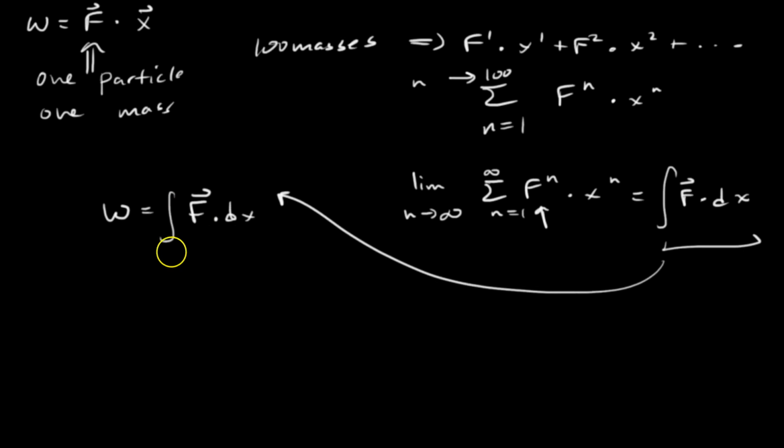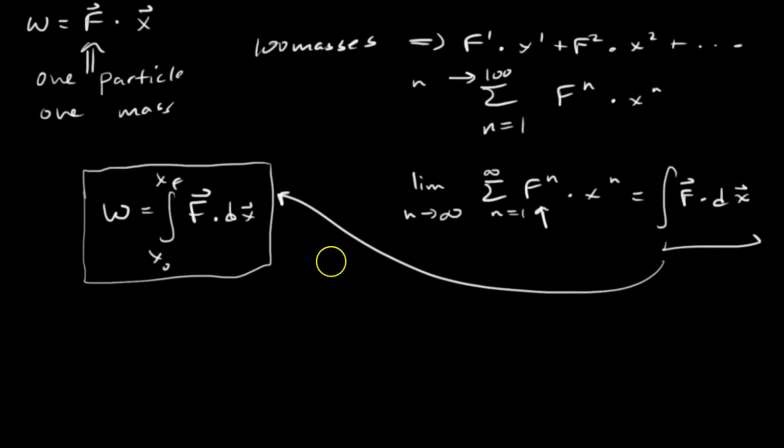And since it's an integral, we have to have some bounds. What are we integrating for? Since we have displacement over here, this should technically be dx displacement, okay? So we're going to be integrating from the initial x position to the final x position. So this is a very important formula that we're going to use countless times.